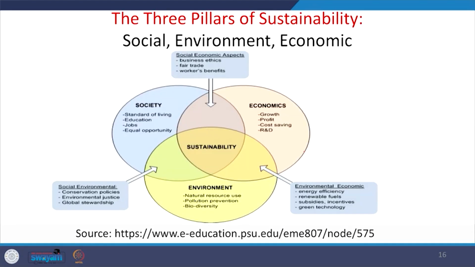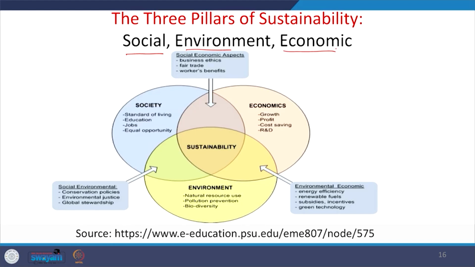So now, by taking these three schools of thought, by taking into account the three pillars of sustainability, we can have an integrated whole of the sustainability concept, taking into account the societal context, the environmental aspect and the economic aspects itself.